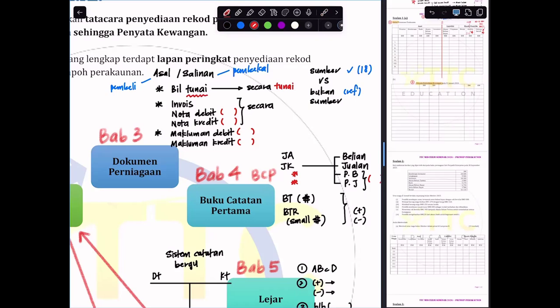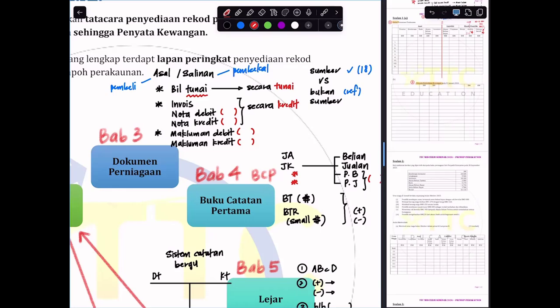Okay, then if we buy and haven't paid, or sell and haven't received money, we call it secara credit. Then we cannot call it a receipt, we cannot call it a bill tunai anymore. The first document when we have secara credit will be the invoice. Because if we buy something but you pay later, in the future you might forget the details of payment, right?